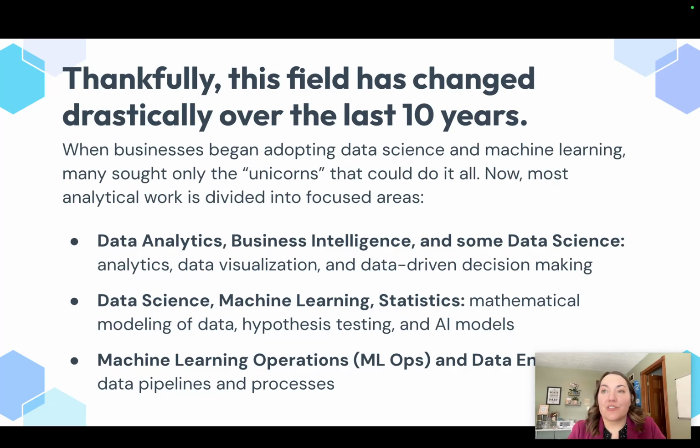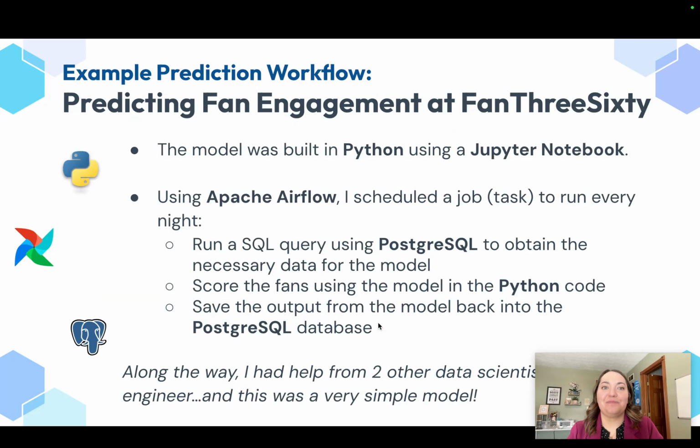We need them to understand how do we get this model up and running without breaking the entire system. And we want to be able to work with all of these people cohesively so that we can produce a product that actually is worth something. So thankfully, we have taken all of these areas, which used to be on one single person or one single department, and we've split it across pretty well. Again, thankfully, because we are no longer looking for the unicorns. We are looking for real life people that can actually handle these tasks.